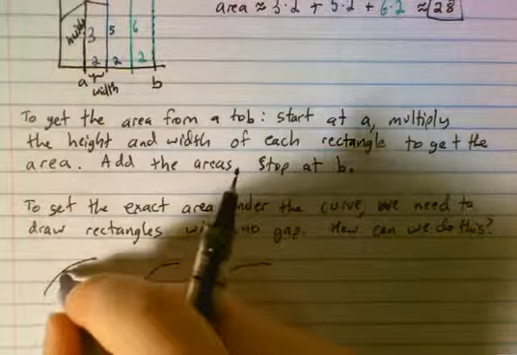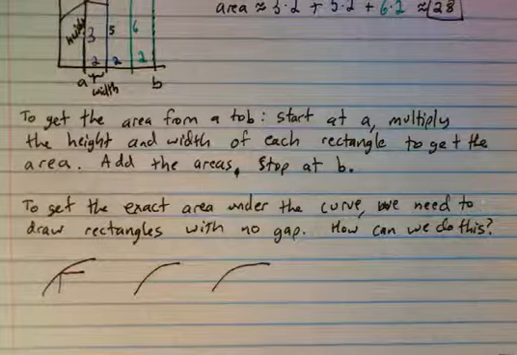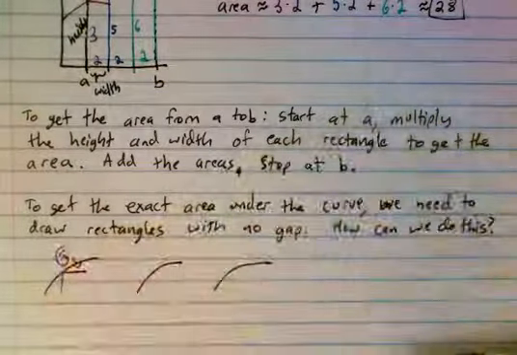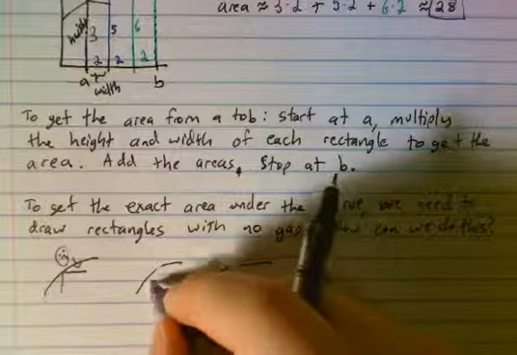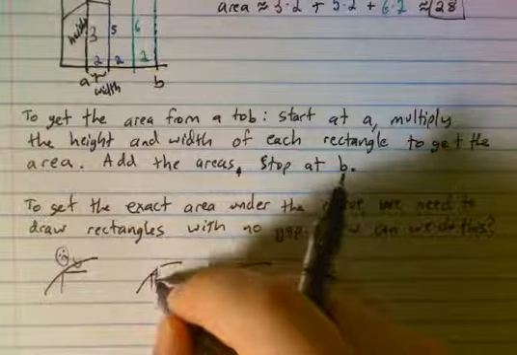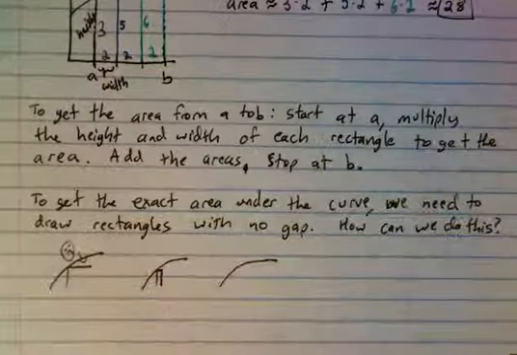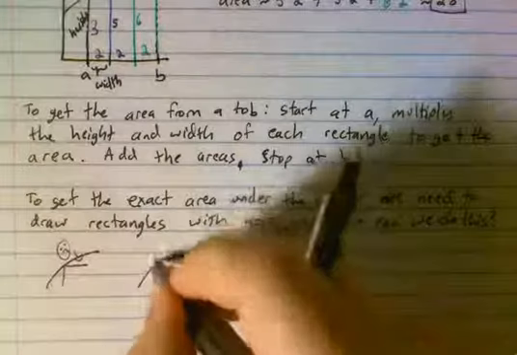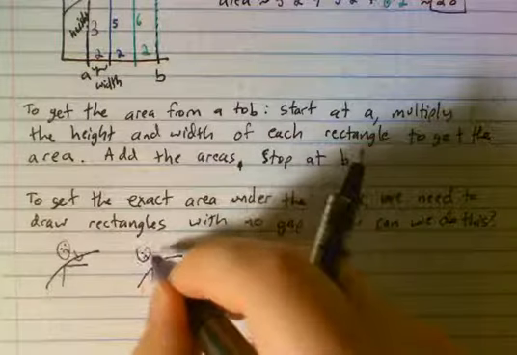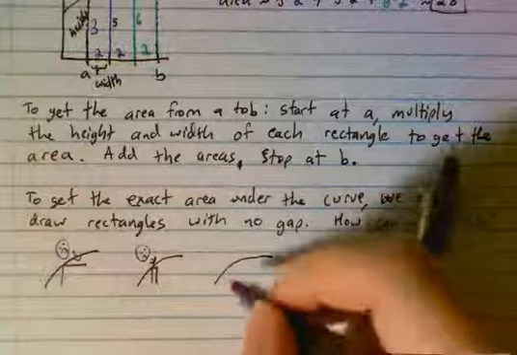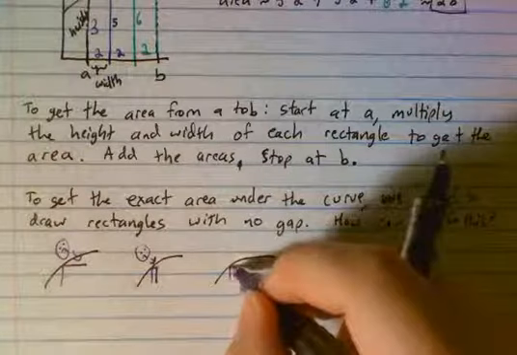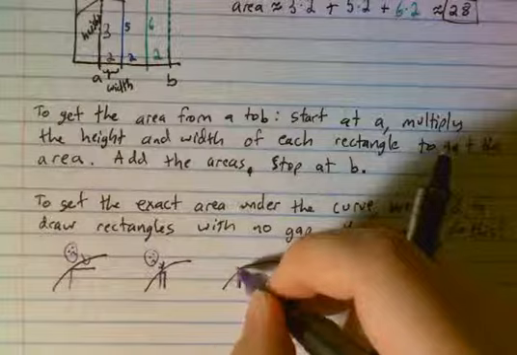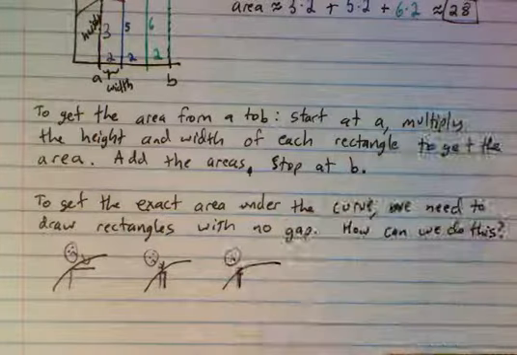I know that if I draw a rectangle like that, there's going to be this gap here. Not good. So I'm going to try drawing a thinner rectangle. How about that? Well, it turns out that if I zoom in and I look really closely here, there's still a gap. And even if I try doing this as thin as I possibly can, if I look really closely right there, still a gap.